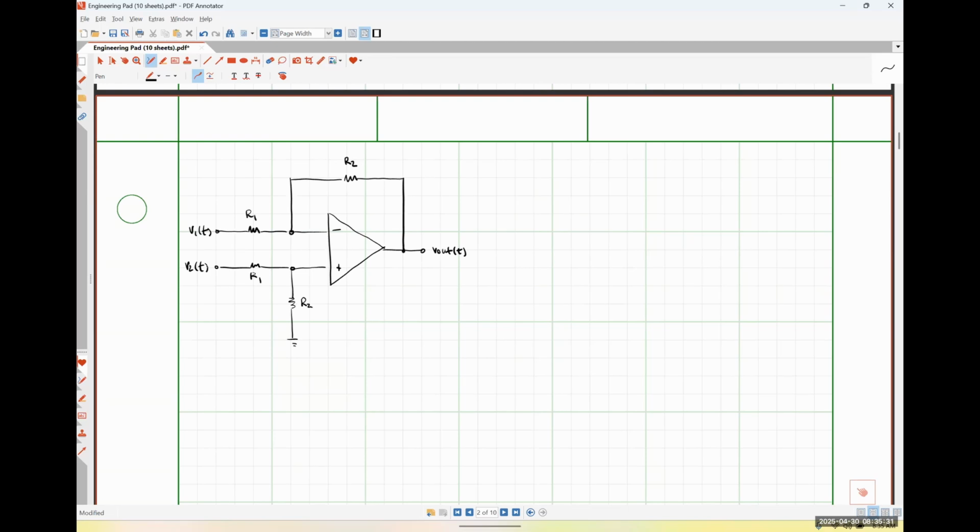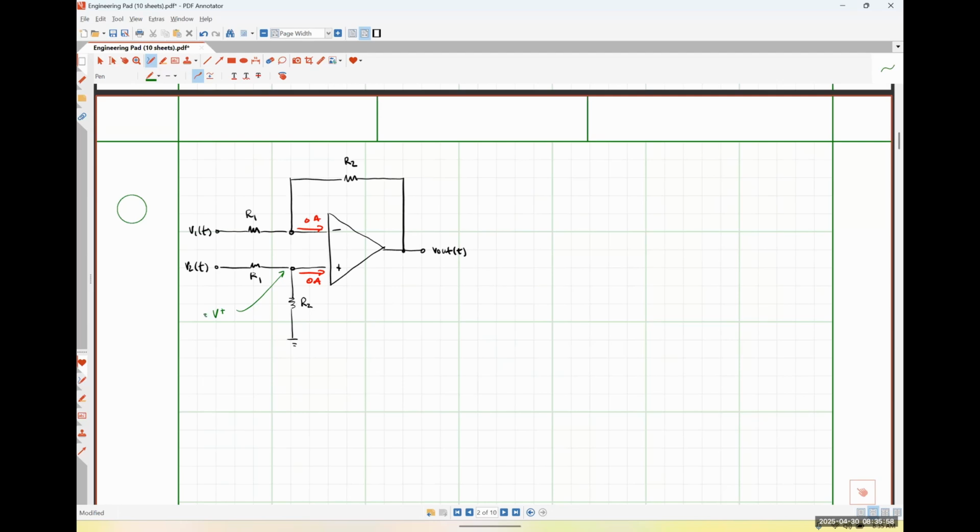So there are multiple different ways that we could potentially analyze this circuit, but I'm going to stick with that common 5-step process, okay? So I could observe that there's no current flowing into my input terminals. Now here's where things are going to get a little bit more difficult. I've got to find out what the voltage is at this node.